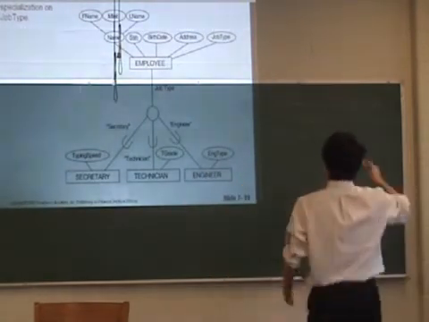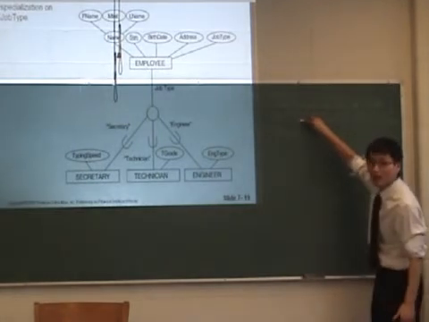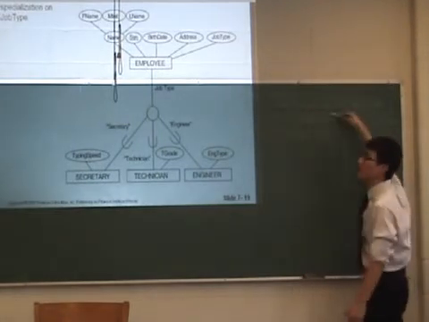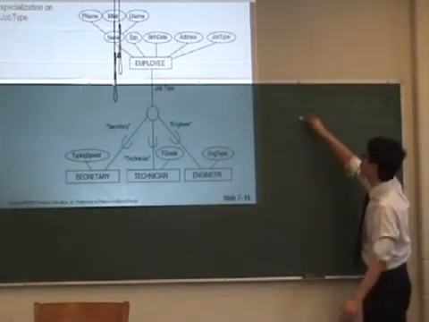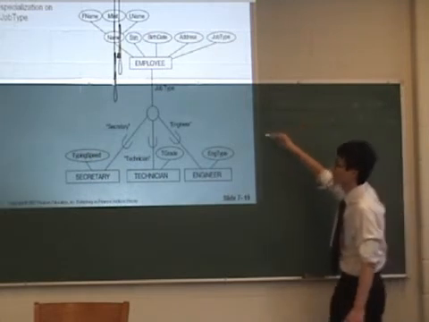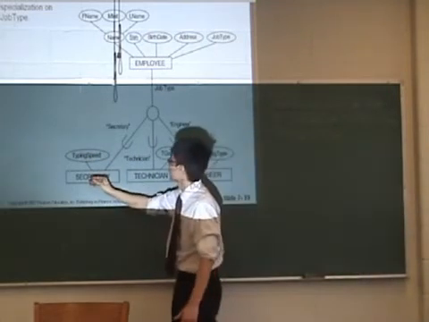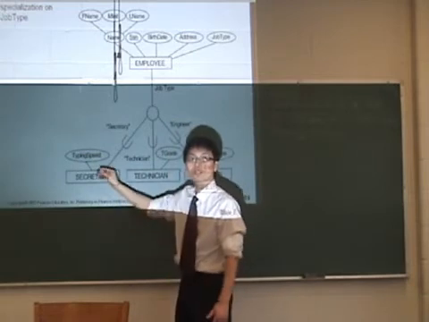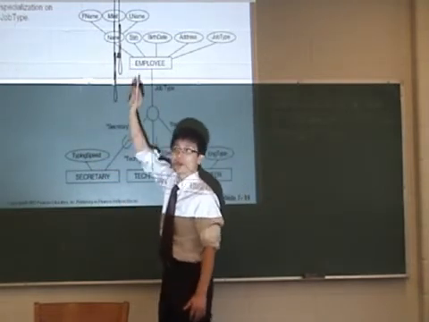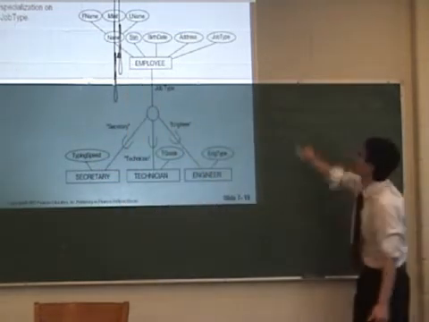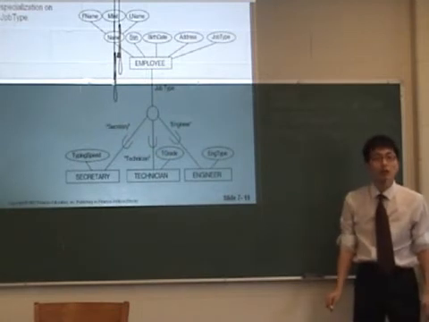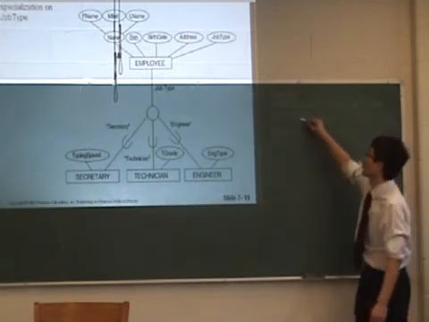Foreign key. From primary key of these subclasses. This social security number, how can we find the name of the secretary? We should take a look at the superclass. How can you find the specific employee? Using SSN.